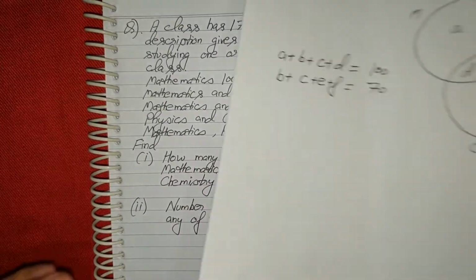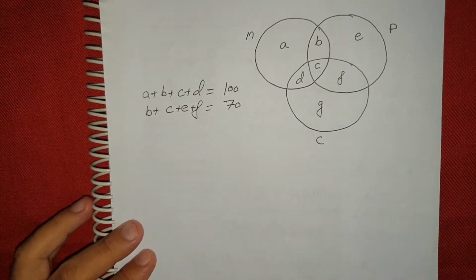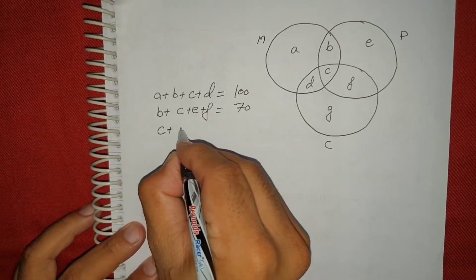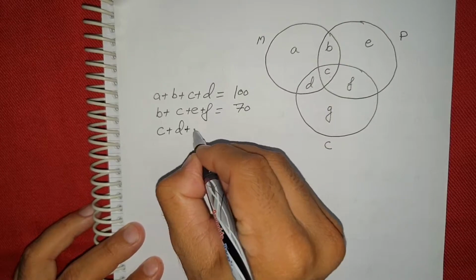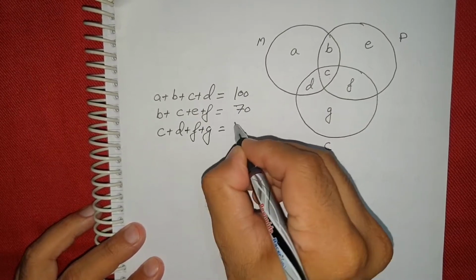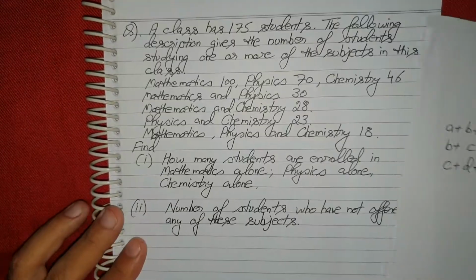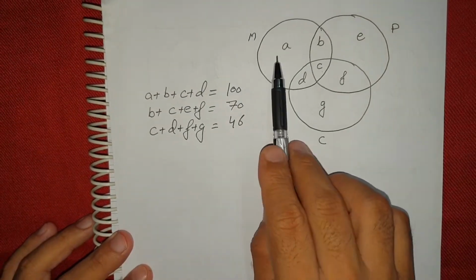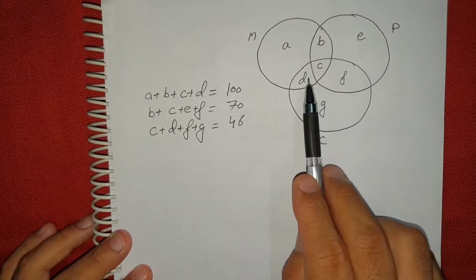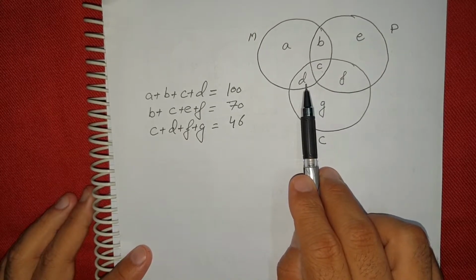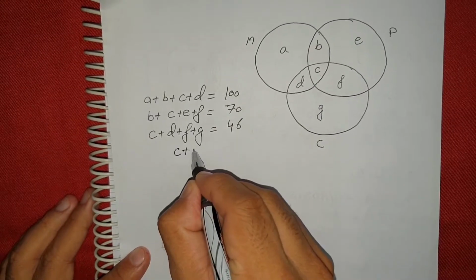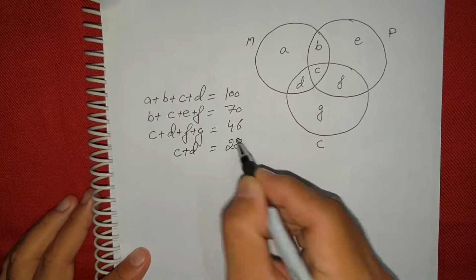Chemistry is 46, so C plus D plus F plus G is 46. Mathematics and chemistry 28. Mathematics and chemistry means C plus D, so C plus D is 28.